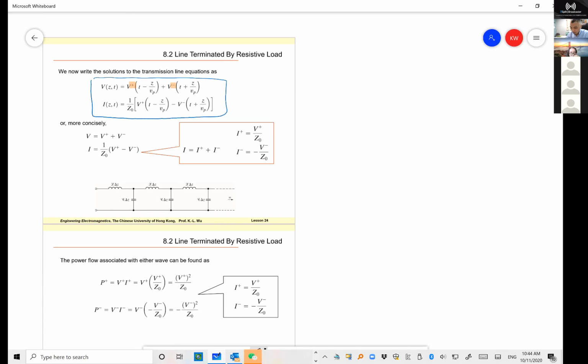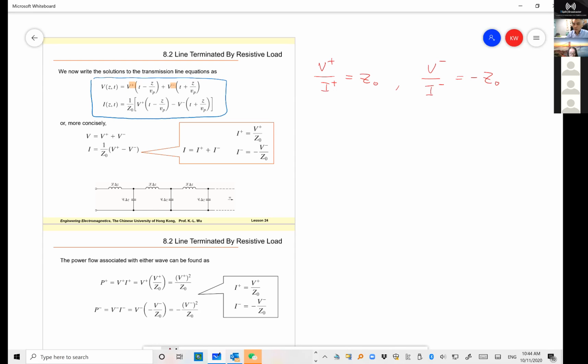Since we know the relation between this and this equals the characteristic impedance, and the voltage and current in the minus z direction equal this, which is easy to justify from the equations we already had.